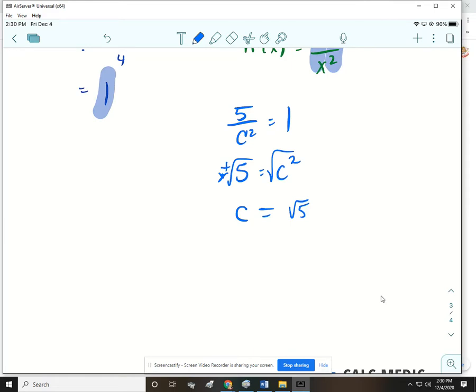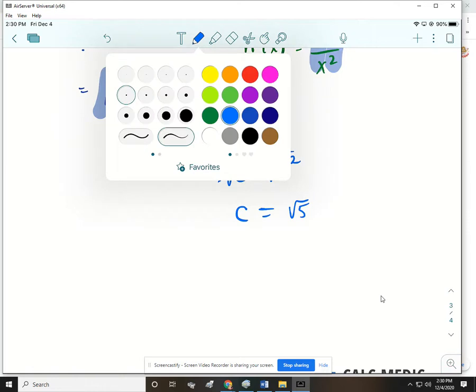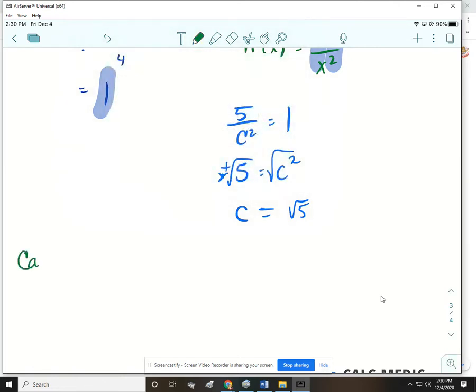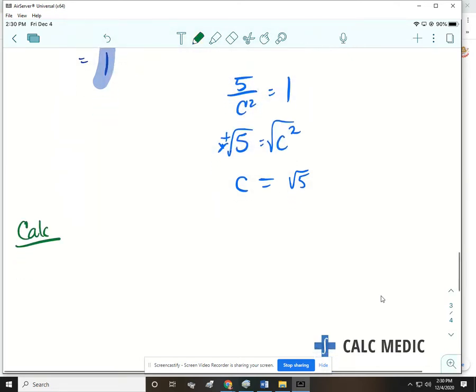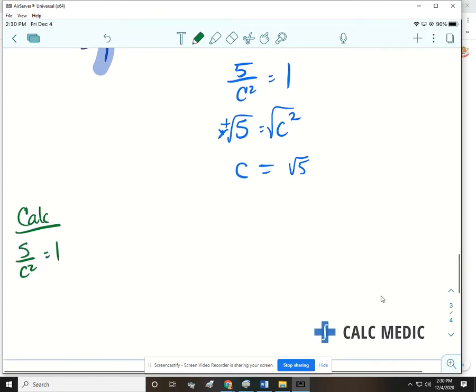Now there is one on your assignment where you're going to need to use a calculator to solve for c. So just remember, if we were going to do this one in the calculator, if we have 5 over c squared equals 1, we would get everything on one side and then type it into y1 and then calculate a 0.